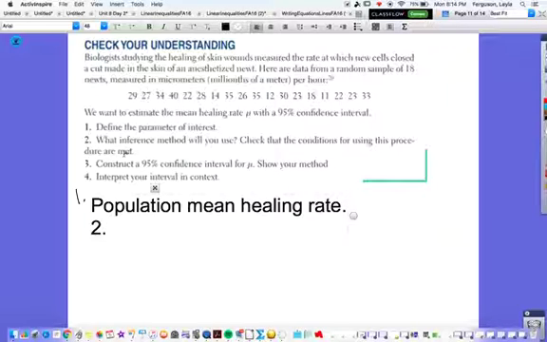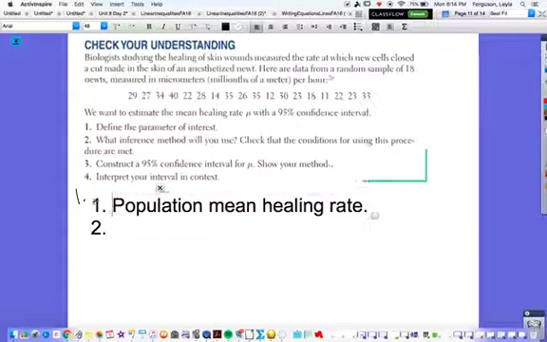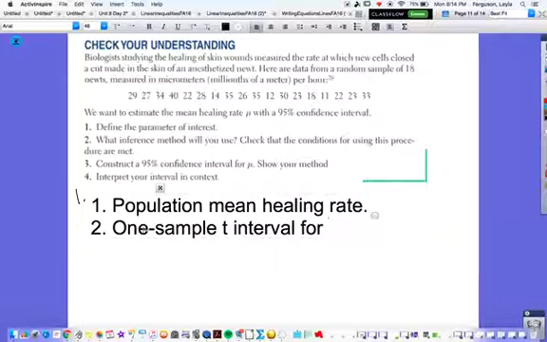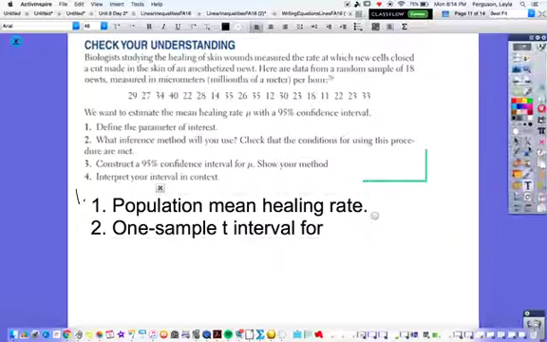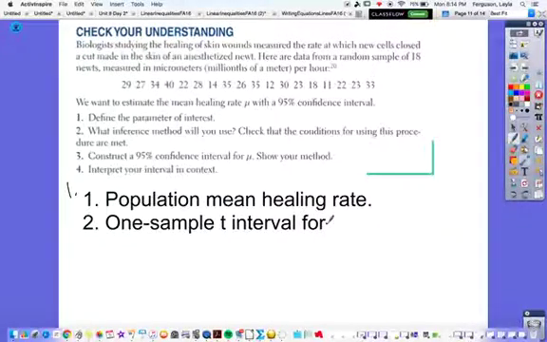The second thing that you are doing, it says what inference method will you use? And then check the conditions for using this procedure are met. So for this, you would need to calculate a 1 sample T interval for mu.